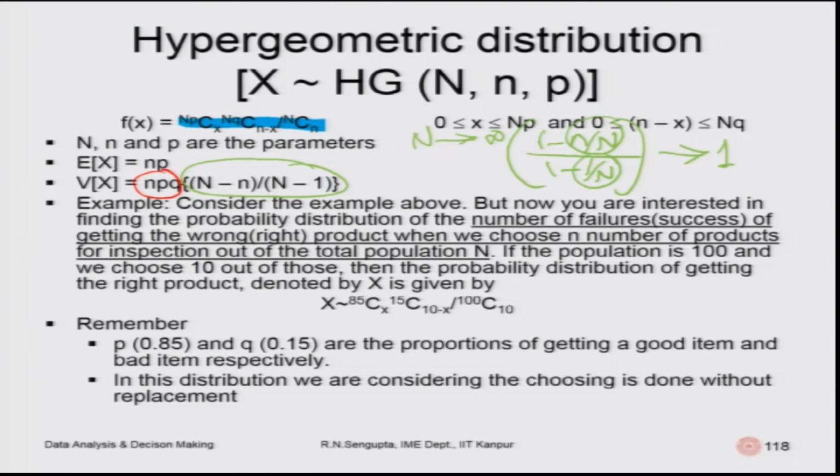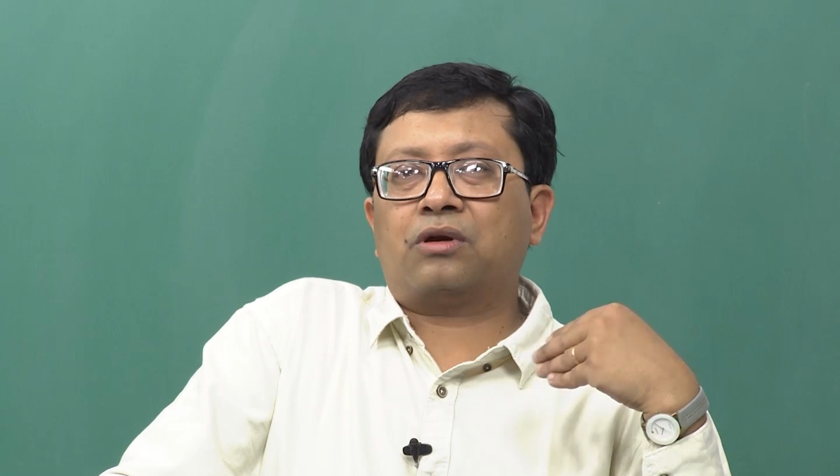Now, if you want to find the bad items or the good items, it would be like this. There are small n places to be filled, out of which x would be good and small n minus x would be bad, or red, blue, green, white, whatever the complementary event is. Now, let us ask ourselves a question: what is the total number of good items?